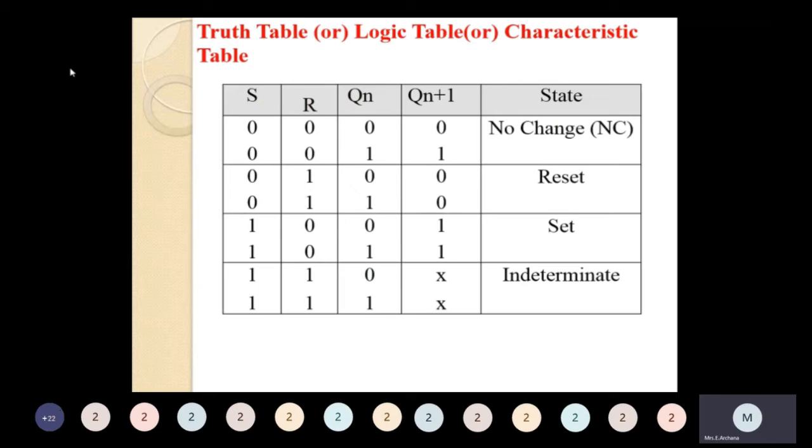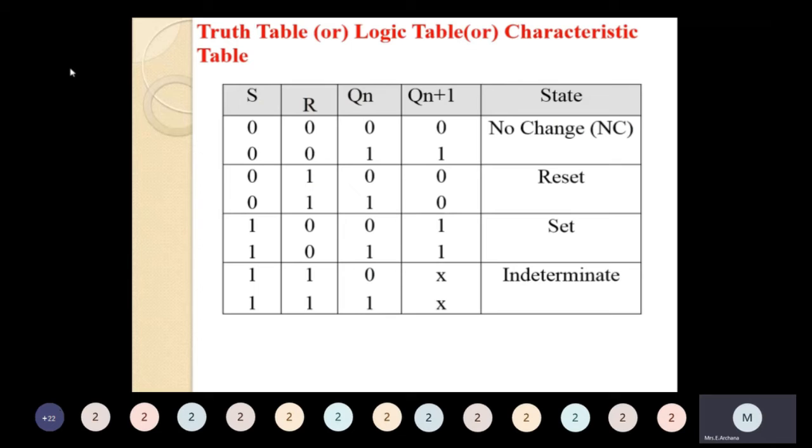Next, when my inputs are 1, 0 and my present state is 0 or 1, the next state will be 1. We can call this state a set. Indeterminate: I don't get a permanent output, that is, a definite output, in the case of S equal to 1 and R equal to 1.